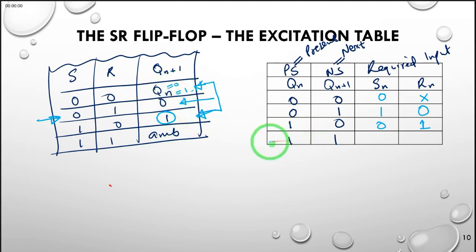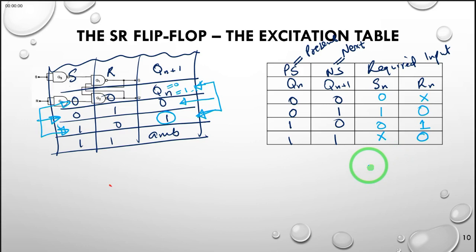And therefore we are going to work with these two possible inputs. S can be 0 or 1, but what we observe is that R is at 0. So R must be 0, but S is a don't care. And that is how we develop the excitation table of the SR flip-flop.